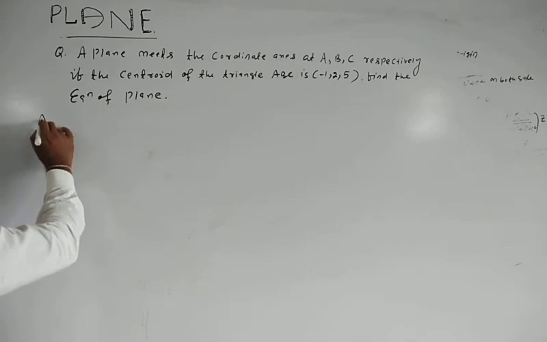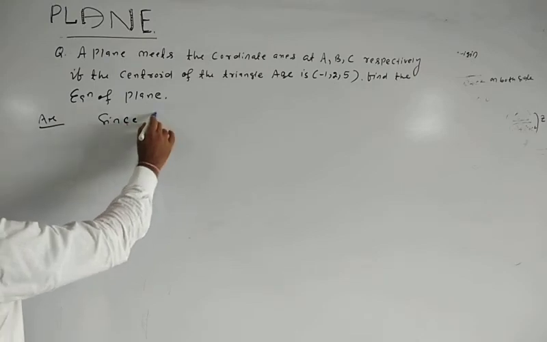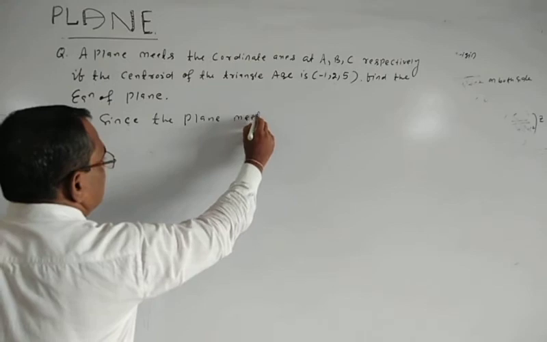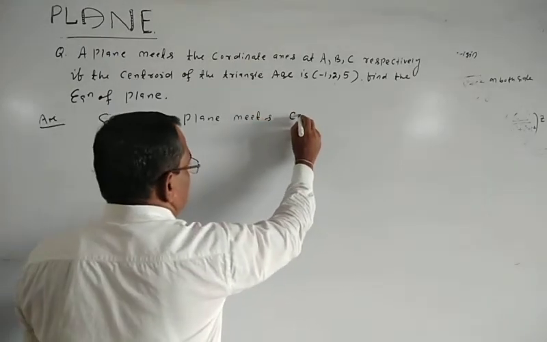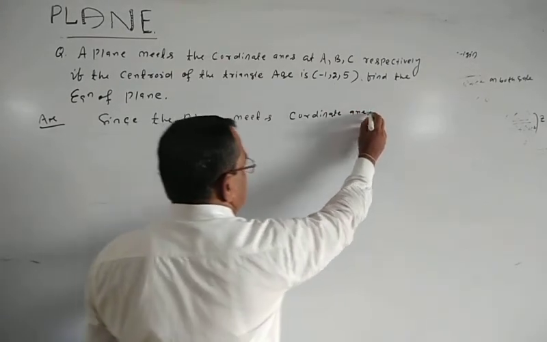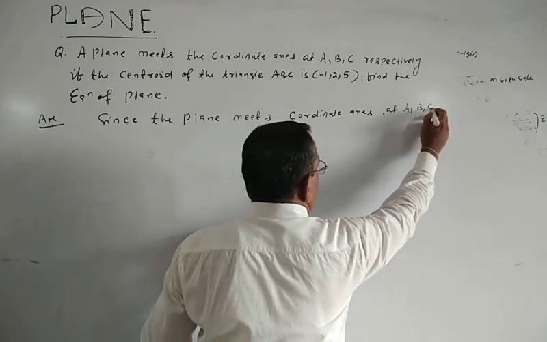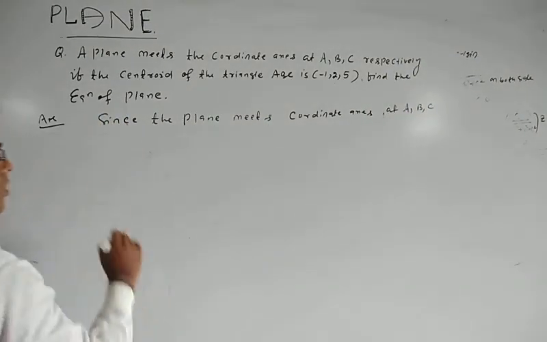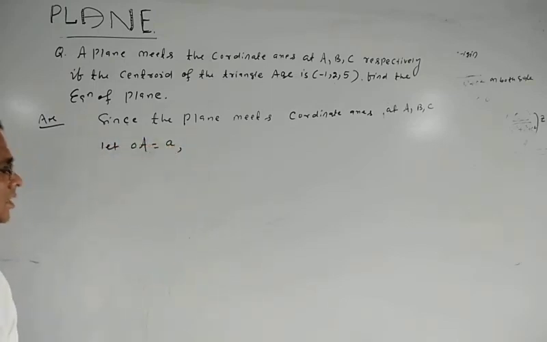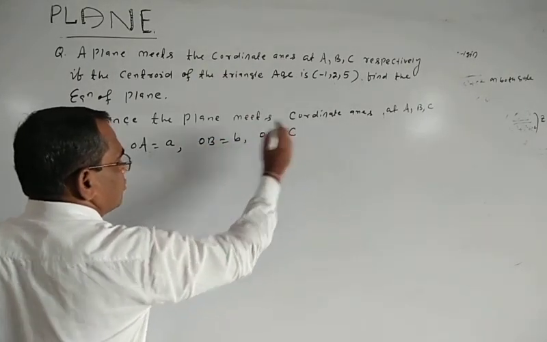Since the plane meets the coordinate axes at capital A, B, C, let OA is equal to a, this is the x intercept, and OB is equal to b, OC is equal to c.